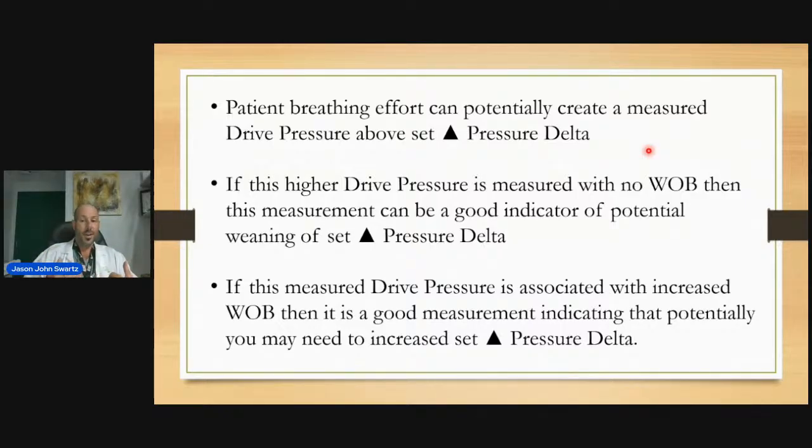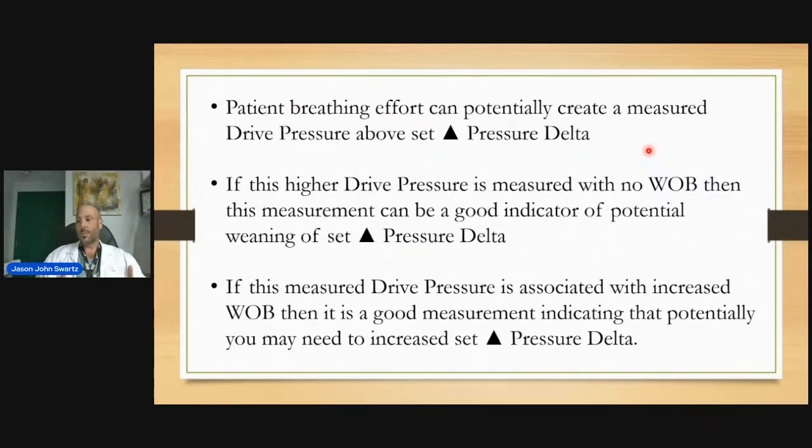And if they are assuming that work and there's no work of breathing, they're comfortable while doing that, that is a sign that you can further reduce the vent support. But if it's above and they're struggling, then probably you have two things to do. Go alleviate the work of breathing, because you don't want them to get fatigued, by increasing your own drive pressure that's set to get closer to where the patient is.